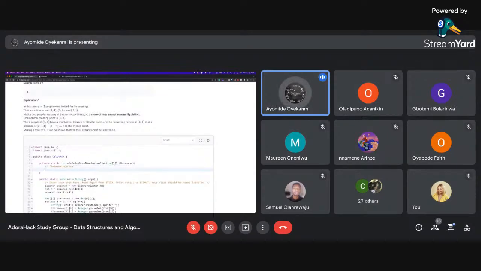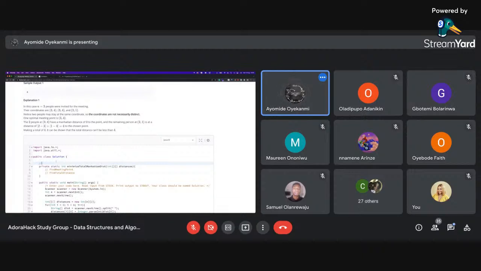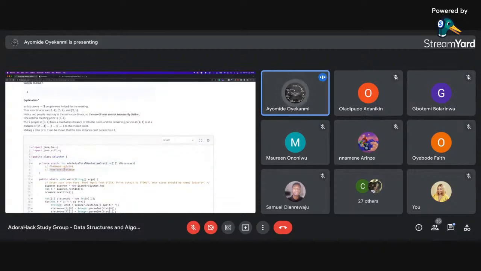And then when we find meeting points, we want to find total distances, yeah? Because what we want to return here is the minimized total distance, right? So we want to find meeting point and find total distance. And so we can just have a method that returns the meeting points.